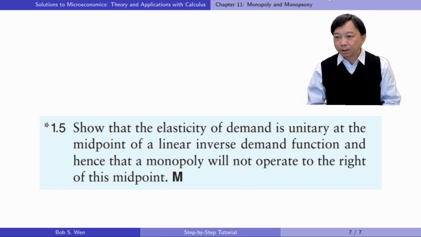Let's solve exercise 1.5. Show that the elasticity of demand is unitary at the midpoint of a linear inverse demand function, and that a monopoly will not operate to the right of this midpoint.